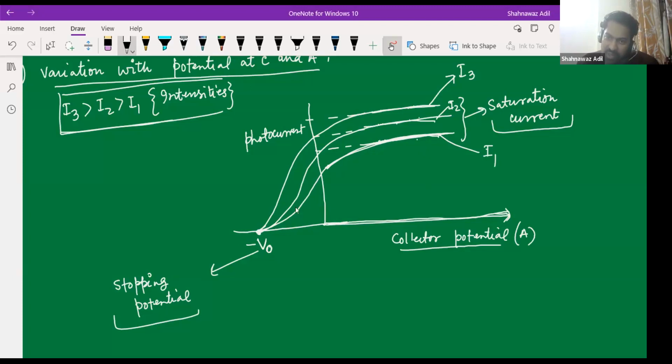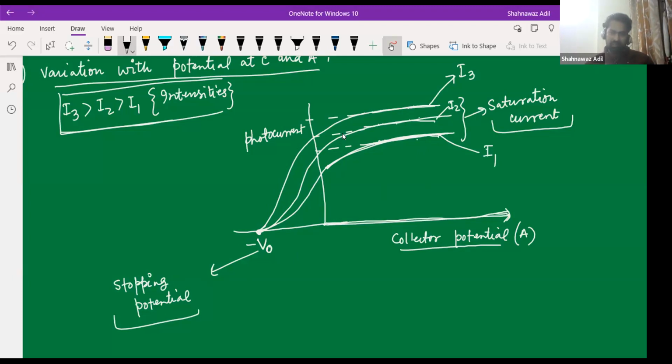For this I1 intensity, this is same. For I2 intensity, this is same. For I3 intensity, that is also the same, right? So the stopping potential is not dependent upon the intensity. Saturation current is dependent upon the intensity. So that is what we take out from this graph.